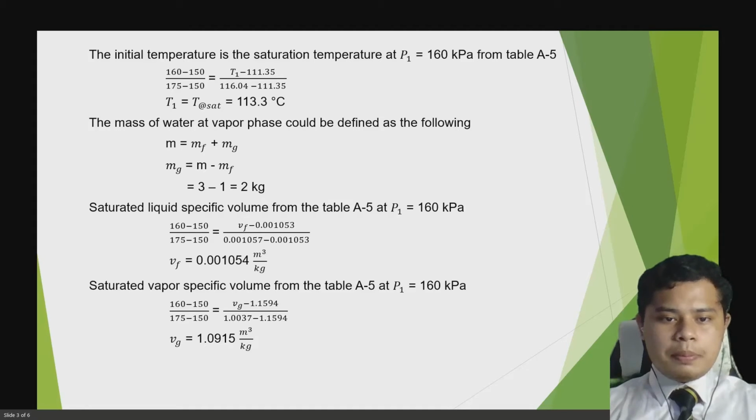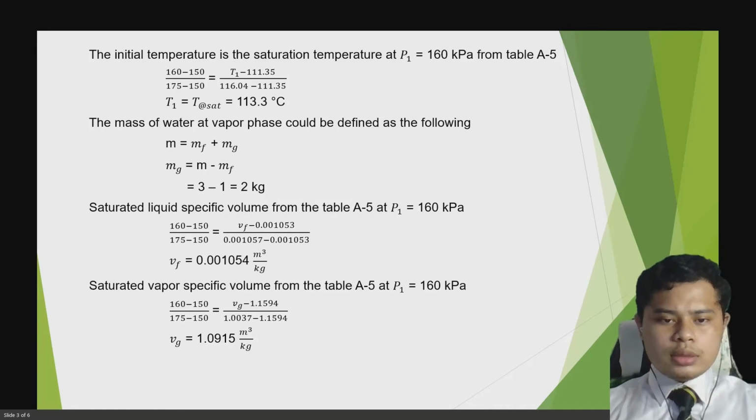After that, the mass of water at vapor phase can be defined as follows: mass total is equal to mass at liquid phase plus mass at vapor phase. We rewrite the equation: mass at vapor phase is equal to mass total minus mass at liquid phase.